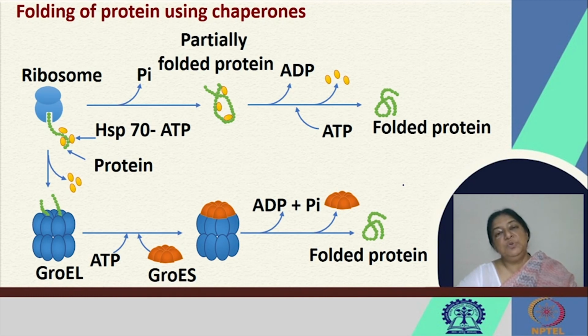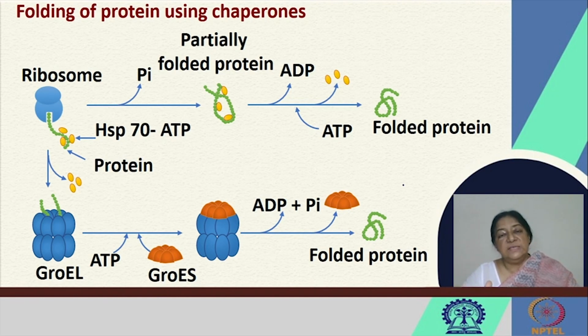It is then stamped with ubiquitin, followed by which the proteasome results in its fragmentation or degradation. In the partially folded protein, what happens? There are hydrophobic amino acid residues, hydrophobic patches on the protein surface, that are exposed due to the newly synthesized protein.